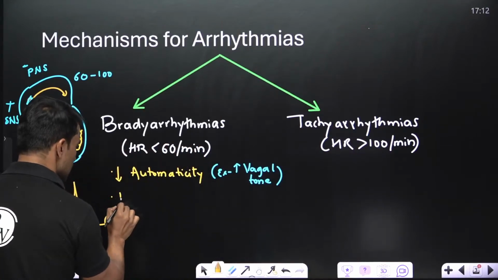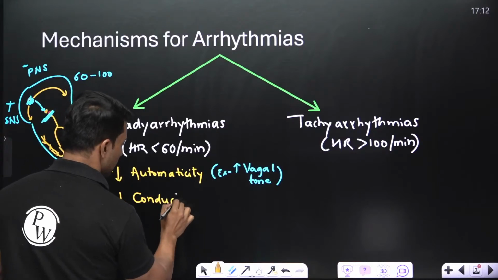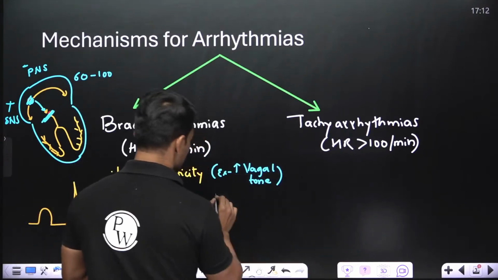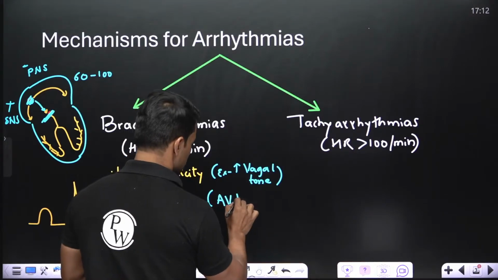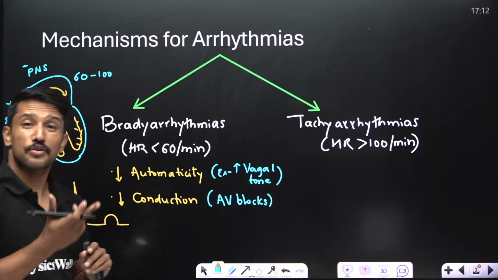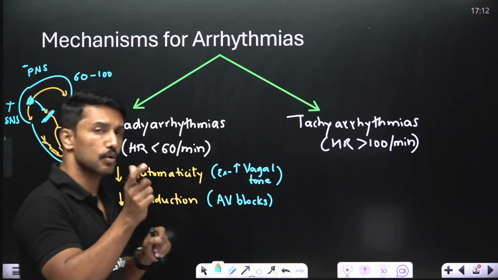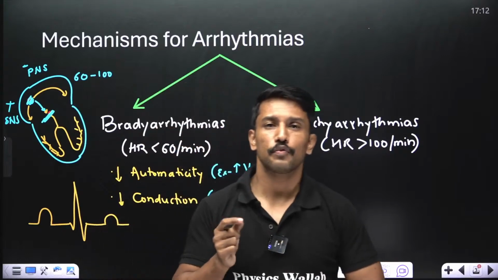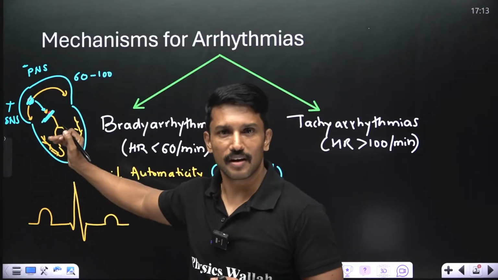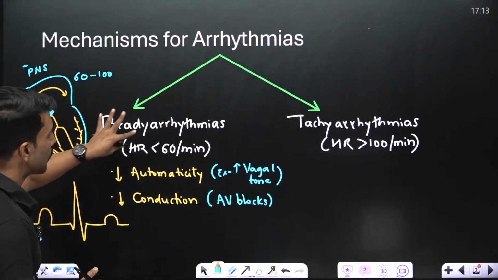One mechanism is decreased automaticity, the other is decreased conduction. The classical example we're going to quote here is the AV blocks. Of course, in first degree AV block, there is no missed QRS because there is only an increase in the AV nodal delay. But in second degree block onwards, we will have missed QRS, which means the heart rate has significantly come down. Okay, so these are the mechanisms for bradyarrhythmias.